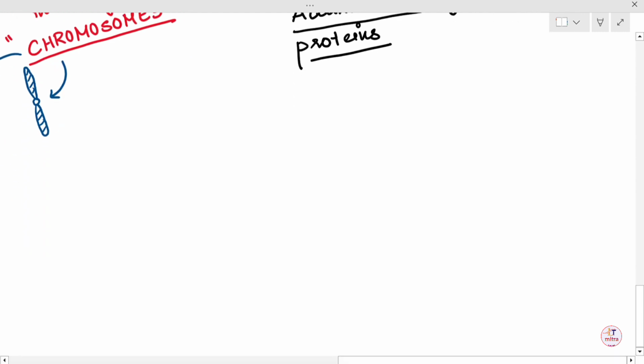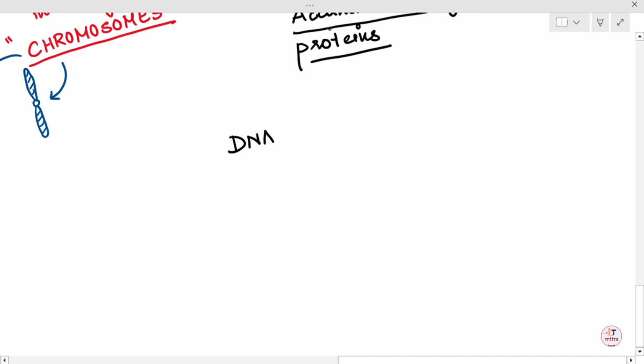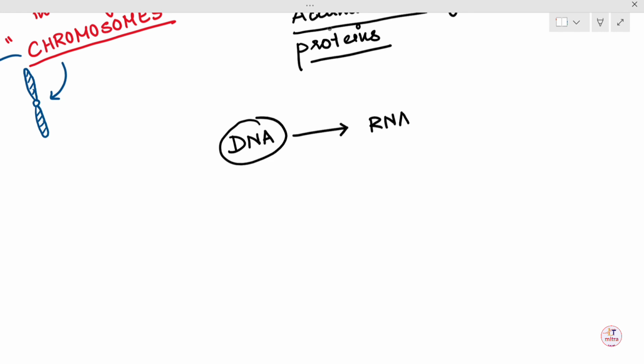So let's see the process. The DNA that is present in the nucleus gets converted to RNA.